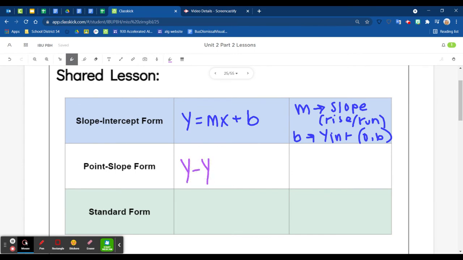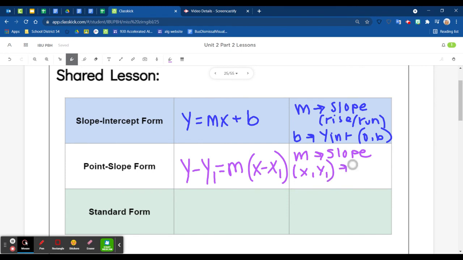Next, we have y minus y1 equals m times x minus x1, right? Where m is, again, slope, and x1, y1 are a point on the graph. The last one we have is standard.